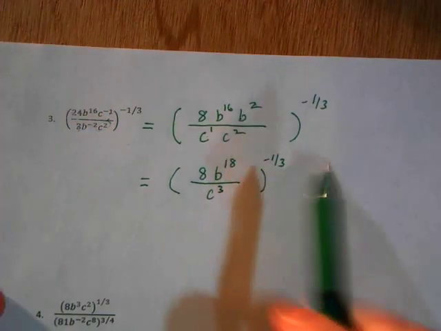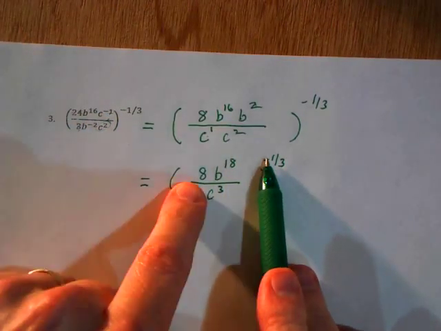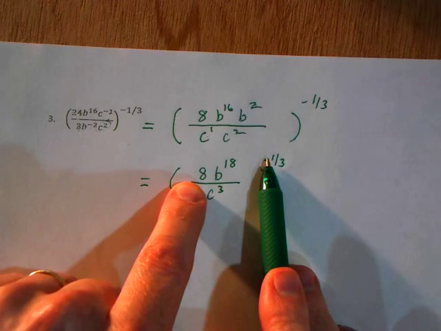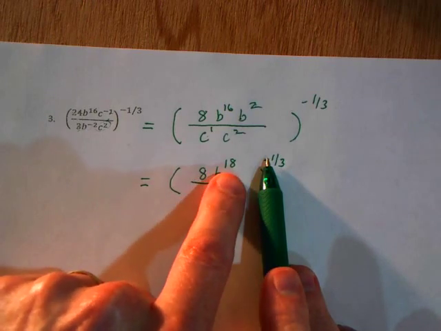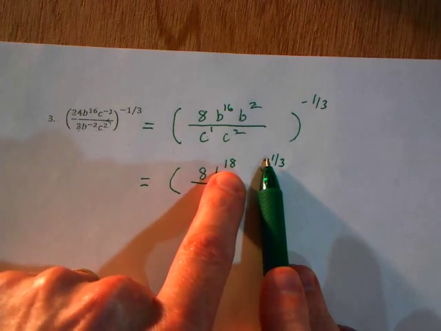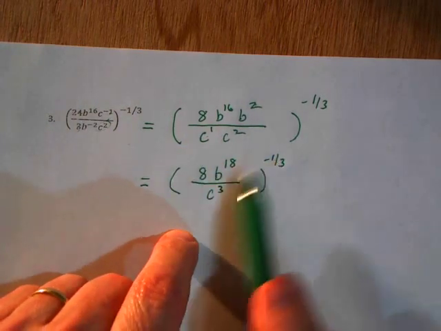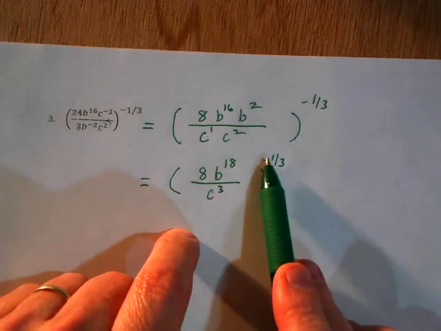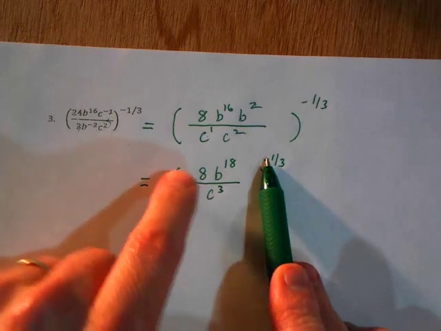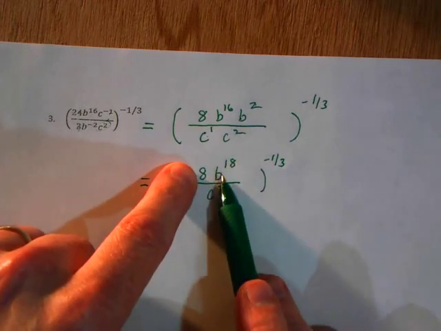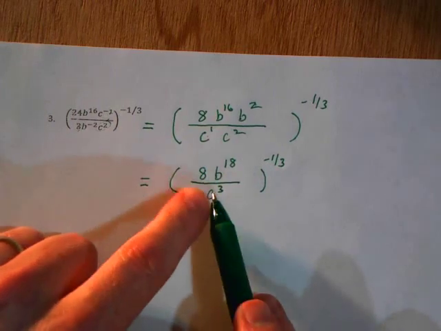Without the negative, this would tell me cube root. Cube root of 8 is 2. Without the negative, I would multiply these powers. 18 times 1/3 would give me a 6, and 3 times 1/3 would give me a 1. So without the negative, I would have a 2, a b to the 6th, and a c to the 1.